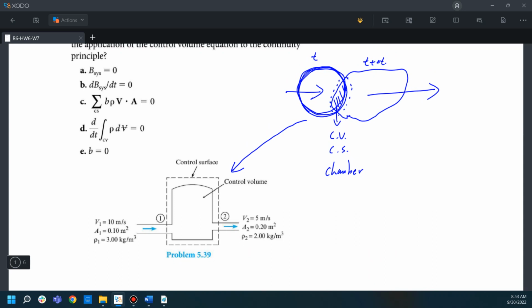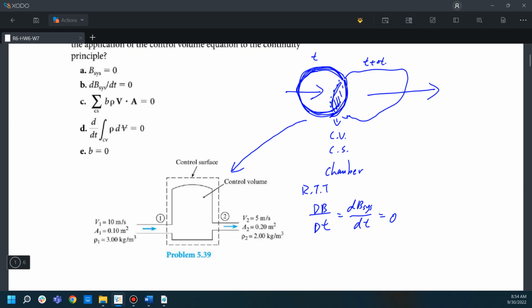So what we know from this RTT theorem is that the dB, we usually write in larger d, dt, which is equal to dB system divided by dt is equal to 0, because this is a closed system. There has no change with respect to time of this closed system.